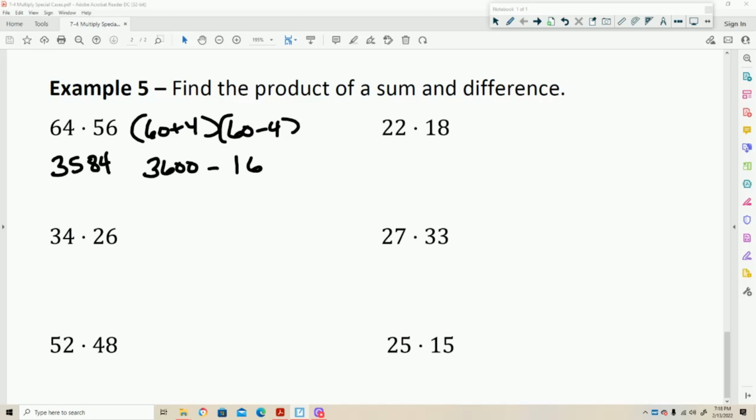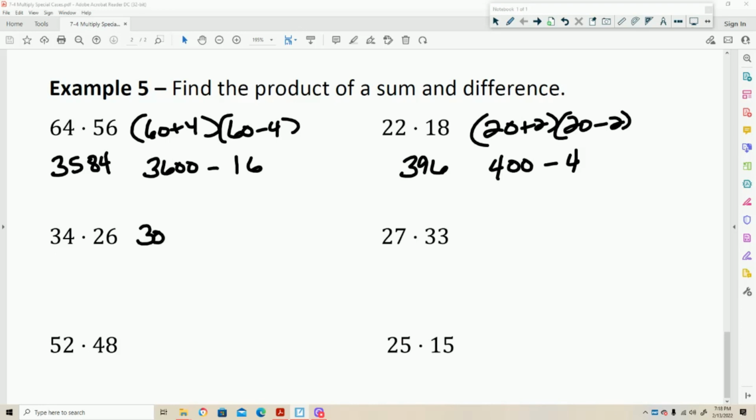Okay, moving on. This is 20 plus 2 times 20 minus 2. So you get 400 minus 4, which is 396. This is 30 plus 4 and 30 minus 4. So you get 900 minus 16, which is going to be 884.